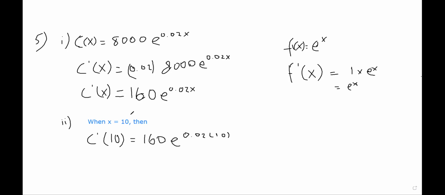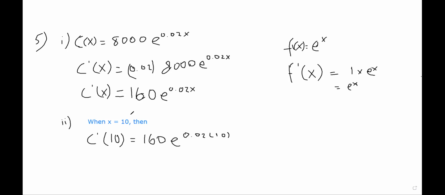Now you just plug this into your calculator: 160 e raised to the power of 0.02 multiplied by 10. And you should get 195.42.